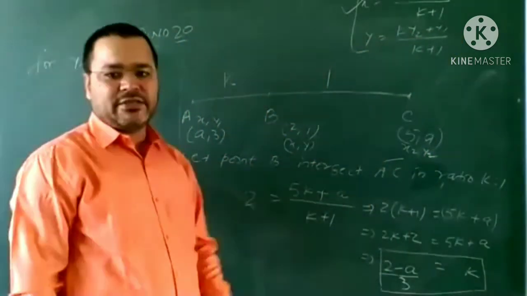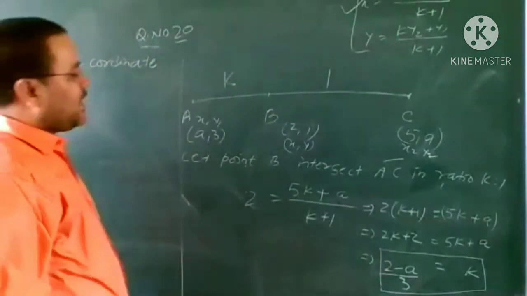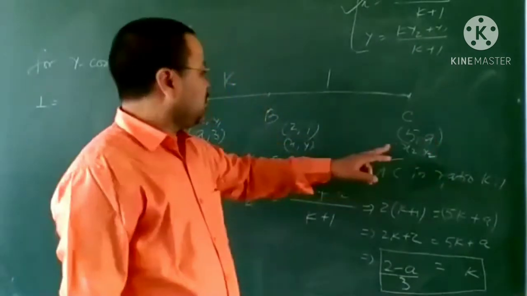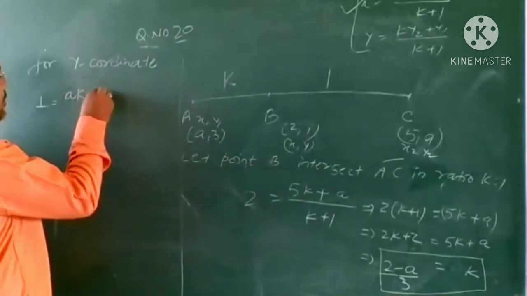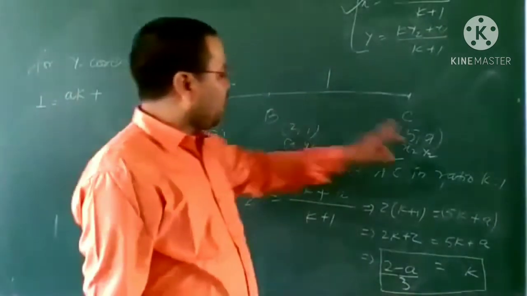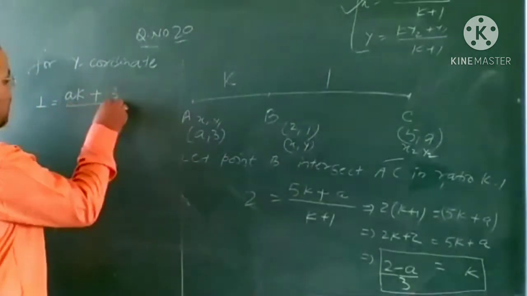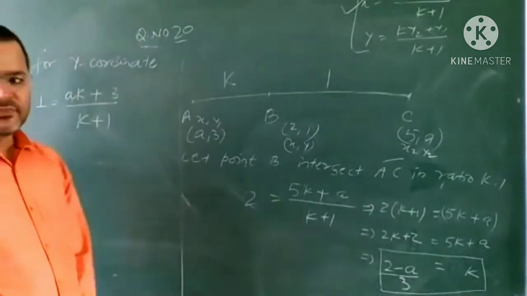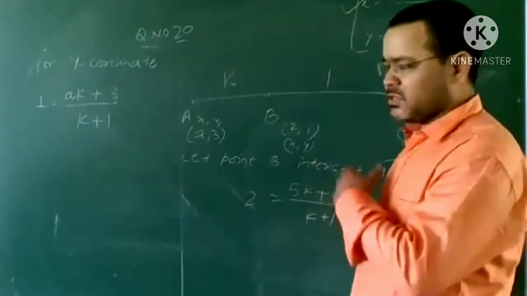What is the value of y? That is 1. So 1 is equal to (a k plus 3) upon (k plus 1). I think this is enough to get a hint of the solution of this question.